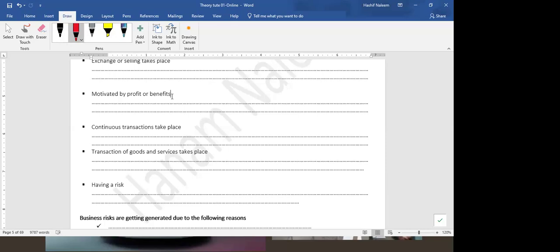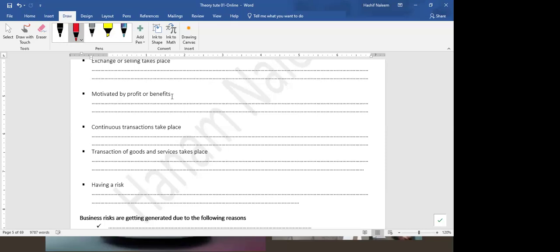Okay, so for this, write an example. Google company is motivated by their profits.